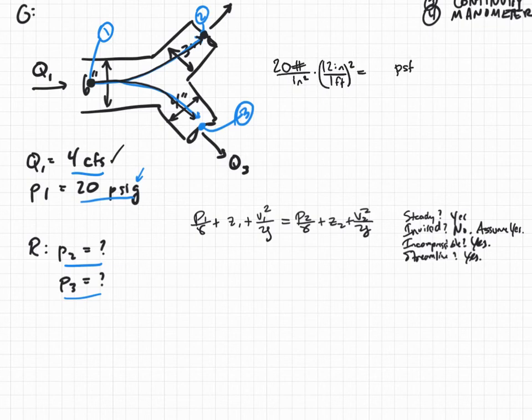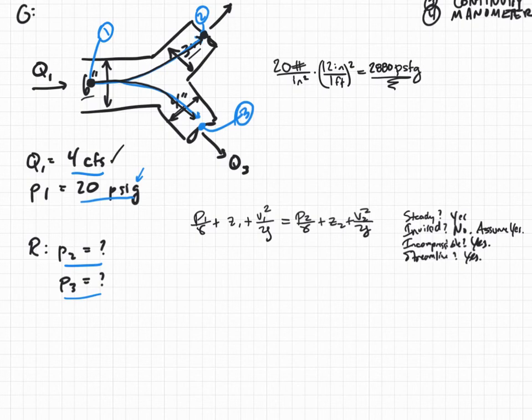So 144 times 20 is 2880, unless my brain is not functioning at the moment. We'll plug that in for P1.